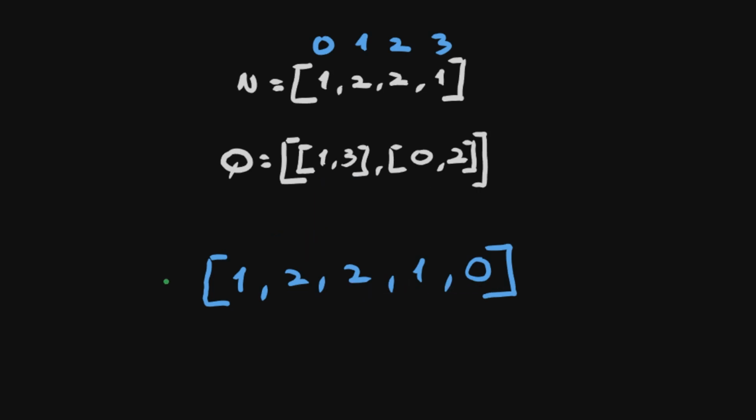Now we can use this array to find the solution. We can iterate this from left to right, and if every element in this array is bigger or equal to the element in this array, we return true. So for example here, 1 equals 1, so this is okay. 2 equals 2, so this is okay. 2 equals 2, and 1 equals 1.